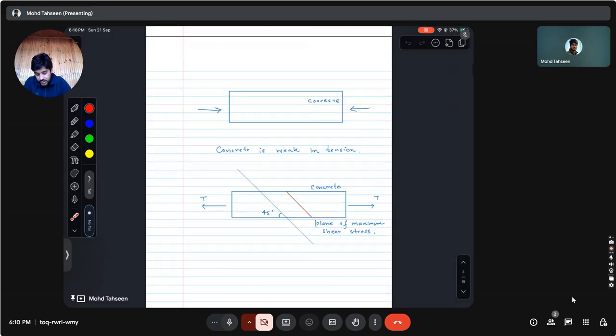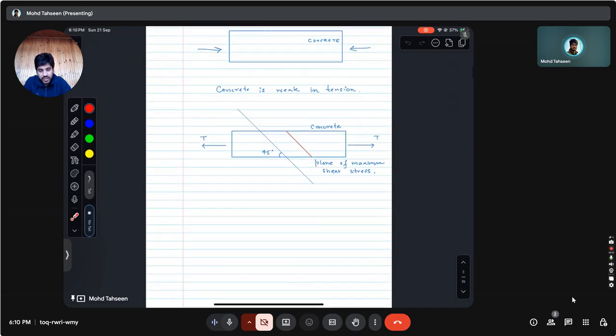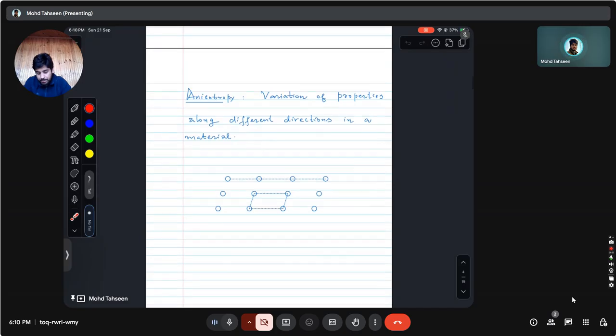So there are some more examples, for example, concrete, which is weak in tension and really strong in compression, right? The concept of anisotropy arises from the way the material is structured, right from its atomic distributions.